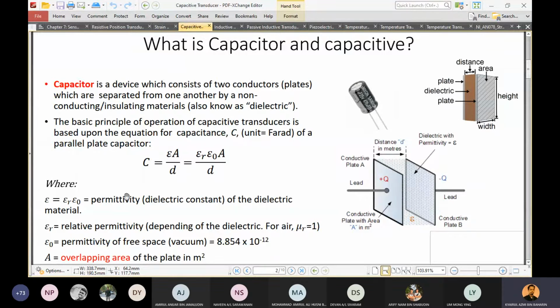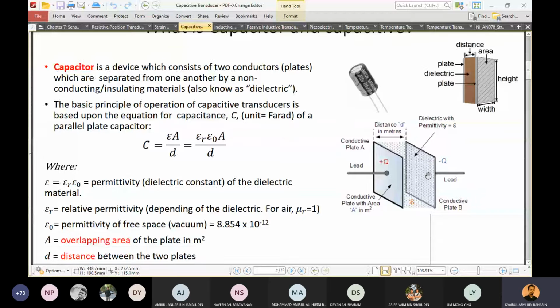Okay, permittivity is basically an electrical property of the material. How good is it able to contain the amount of charge? In terms of application, we just need to know how to calculate the value.